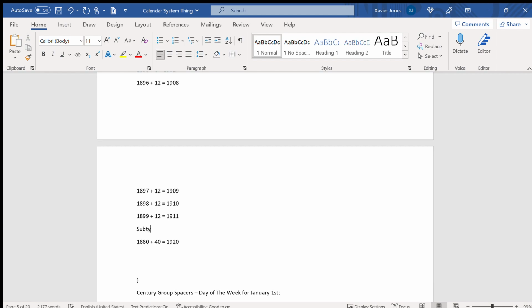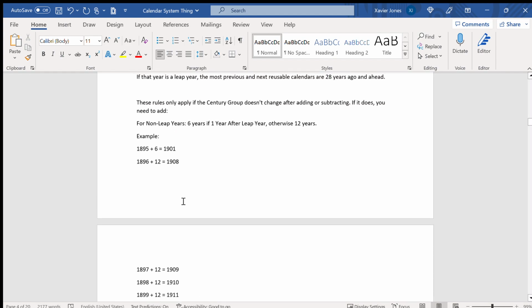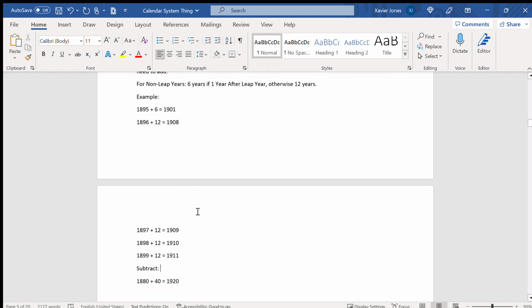If you're subtracting, the math is different. So for example, 1911, we can do the same math, it's just in reverse, right? 1911 is 1 year before a leap year.